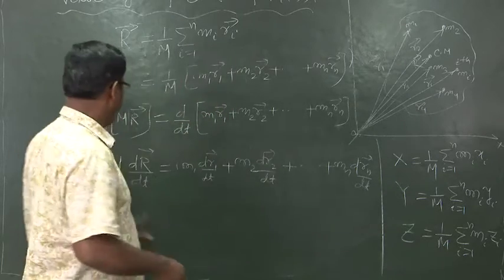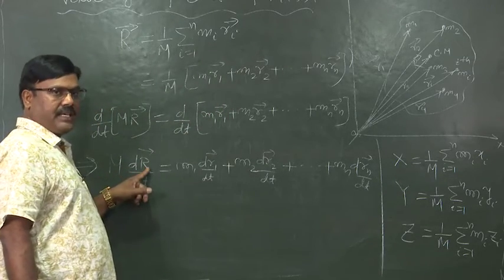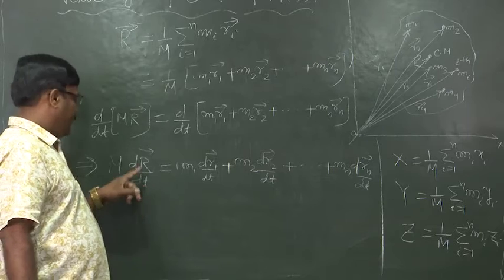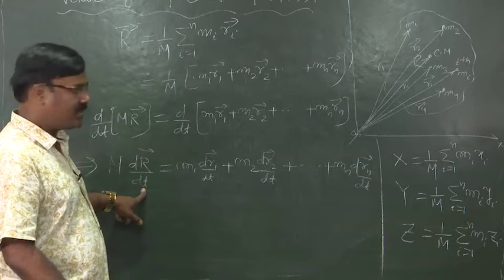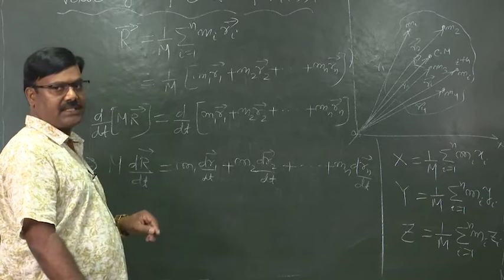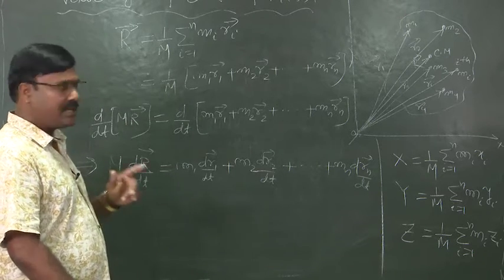So, in place of d capital R by dt, we can write the velocity of the center of mass, because this capital R represents the position vector of the center of mass.